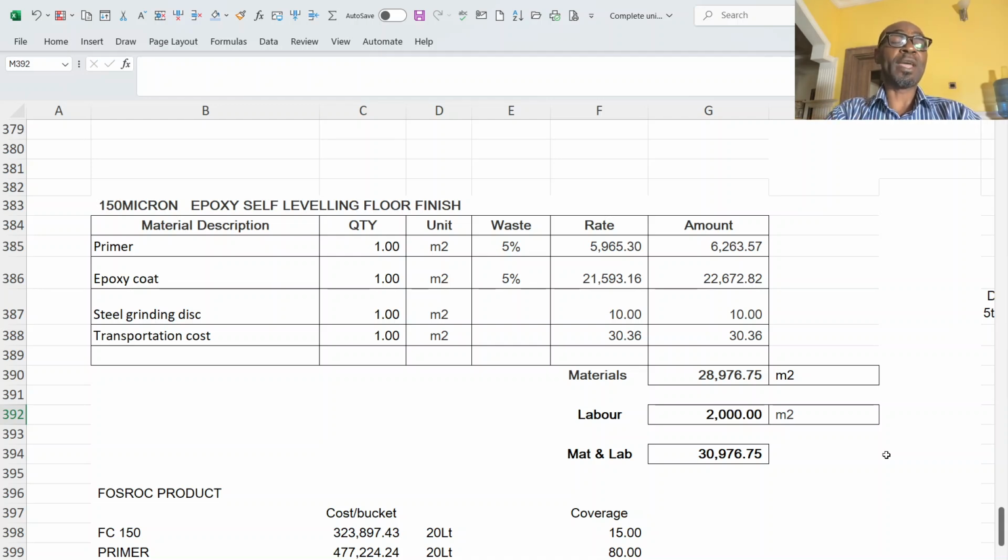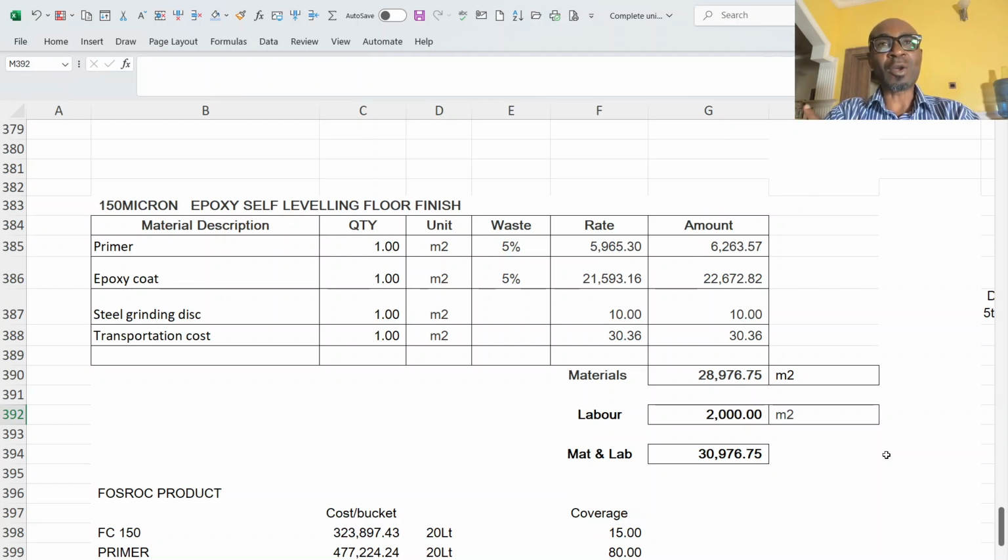And if it is where it's just human traffic, just foot movement, the micron will be less in terms of thickness. So that is one of the things we need to pay attention to.